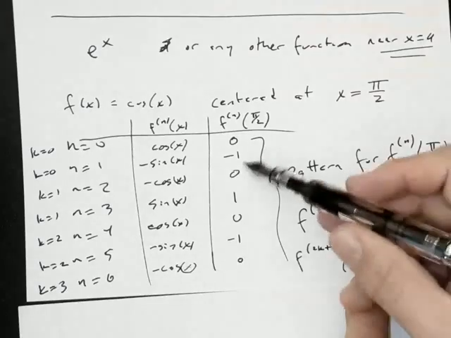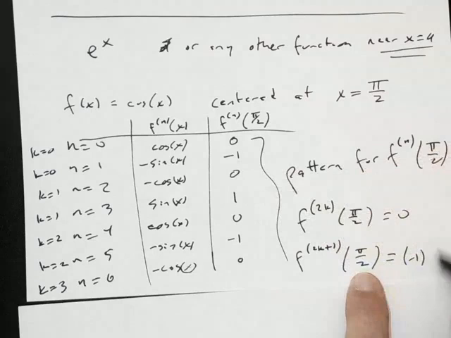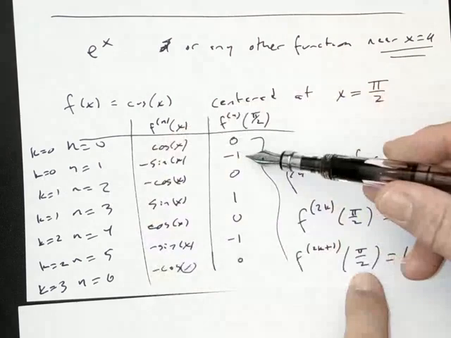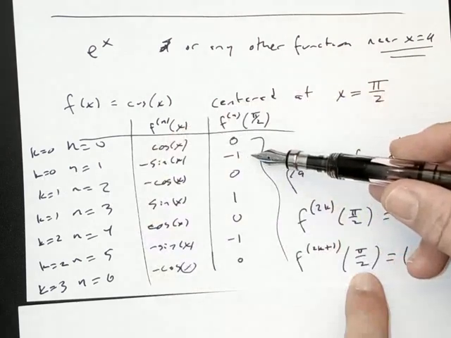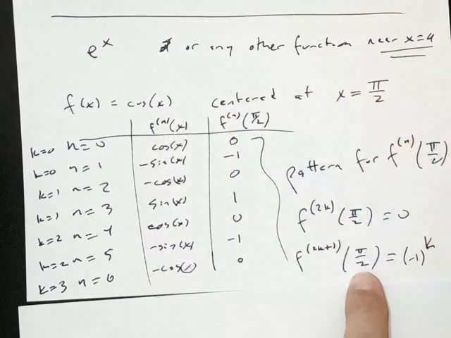I need this to be in terms of k. If I just made it k, then when k is 0, it would be positive, wouldn't it? So that's not the right one. Let's use k plus 1. That way it flips back and forth as k changes, right? But the first time when k is 0, it's negative. Then it's positive. Then it's negative.